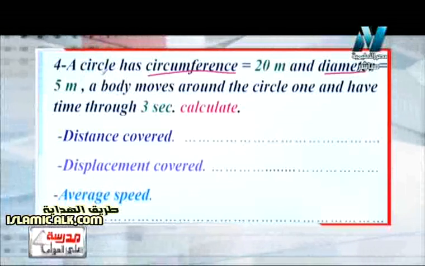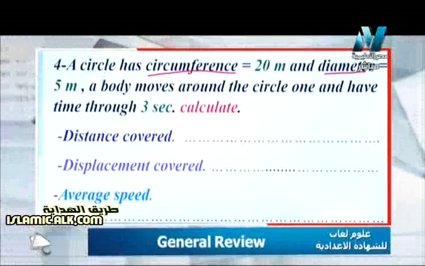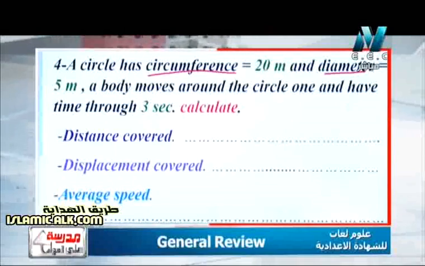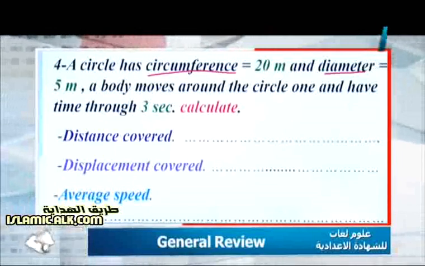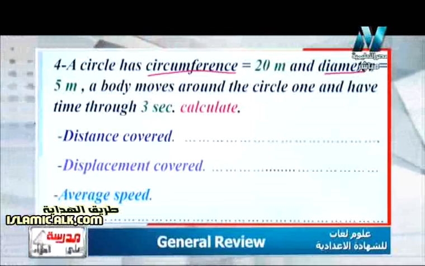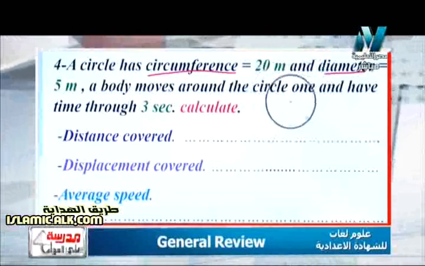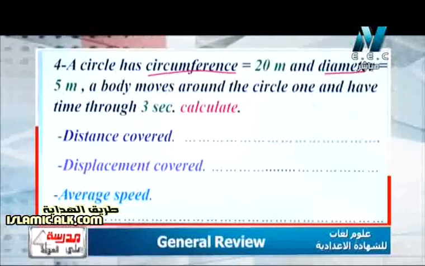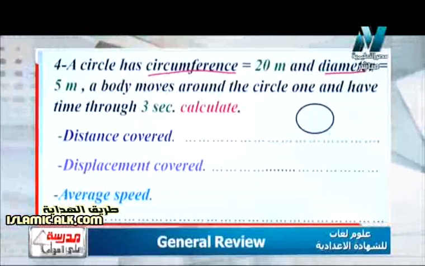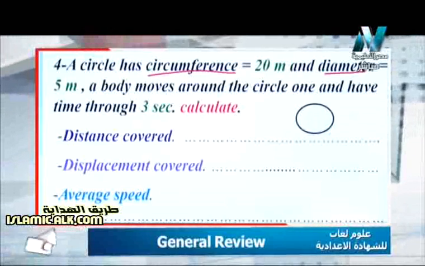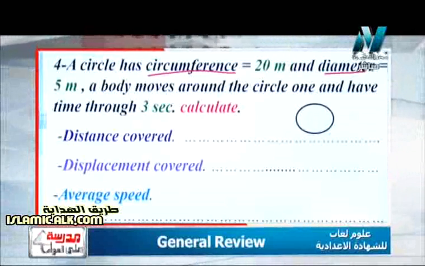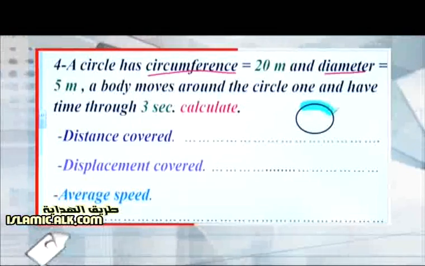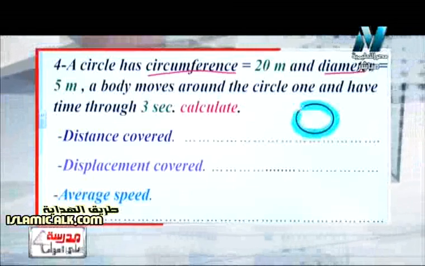So in this case, the body moves around the circle 1.5 times. If I draw a circle like that as a shape of circle here, for example, we know now the circumference of this circle is about 20 meters, from this point all the way around to this point is 20 meters.